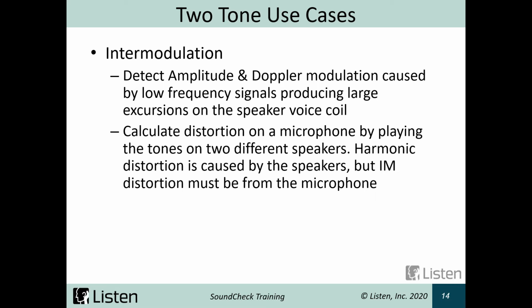When you calculate harmonic distortion on the microphone, that might be caused by the speakers, but every part of the intermodulation distortion is caused by the microphone because the speakers aren't individually playing the two tones, so they can't be causing the IM distortion. We have an example sequence of this available on our website, and I recommend downloading that, trying to run it, and it is a very interesting and good use case to try and use the IM distortion.